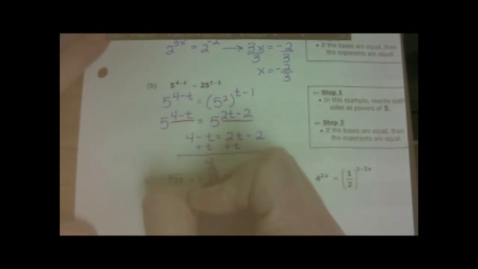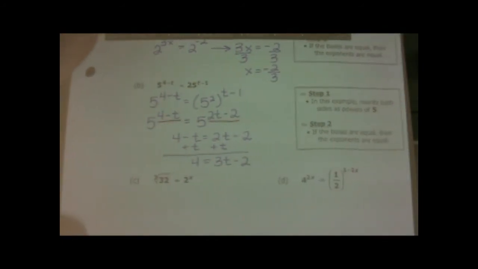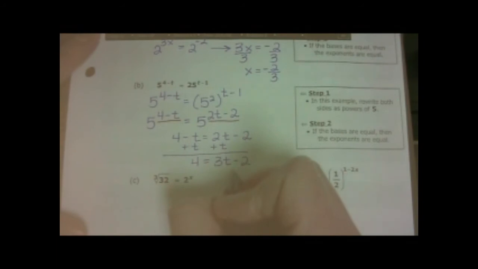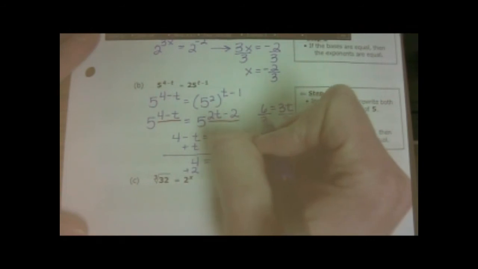And I get 4 equals 3t minus 2. My next step, I'm running out of room here, add 2 to both sides. And so I'm going to have 6 equals 3t. Divide both sides by 3. That will give me t equals 2.